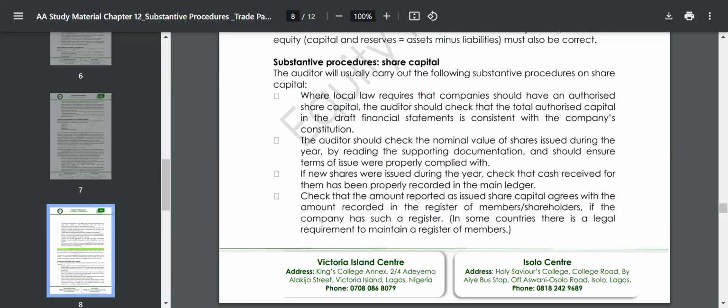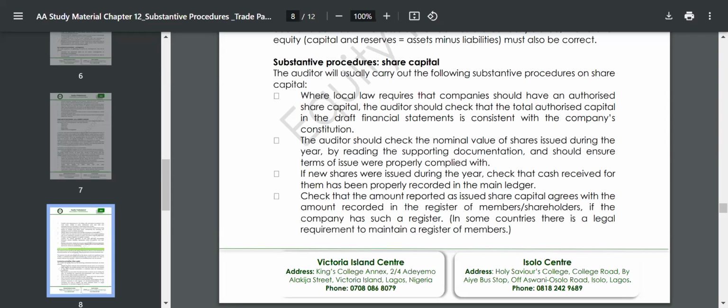The reason this is important is that companies can use the value of their shares to do what we call market manipulation. Most times the valuation of a company depends on its share price. So when the share price is increasing or falling, there is a way the public reacts to that. So the auditor needs to be assured that there is appropriate documentation concerning the nominal value of the shares.